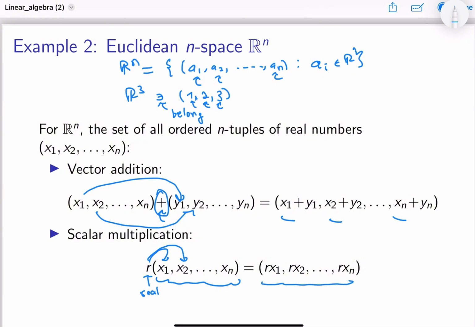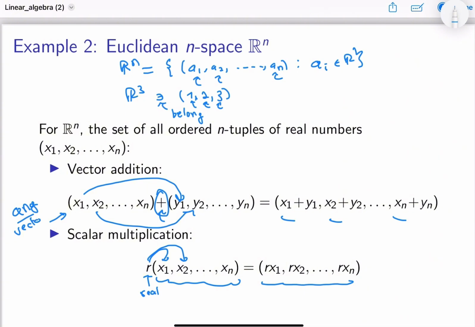Since we're proving that Rn is a vector space, let's remind ourselves that the first thing we need to check is closure under addition and scalar multiplication. So let us see, is it true that closure under addition happens? It's important to keep in mind that we're starting with any vector.